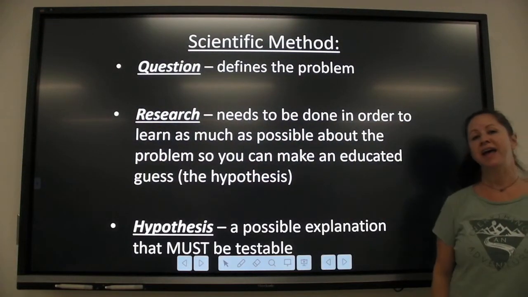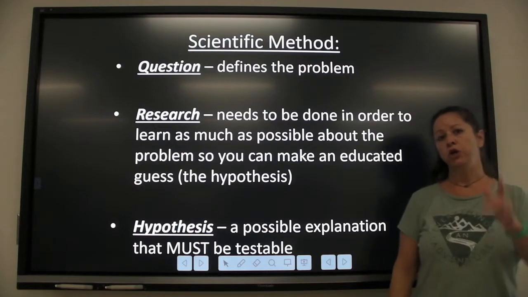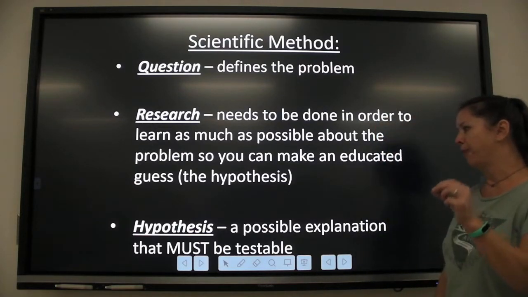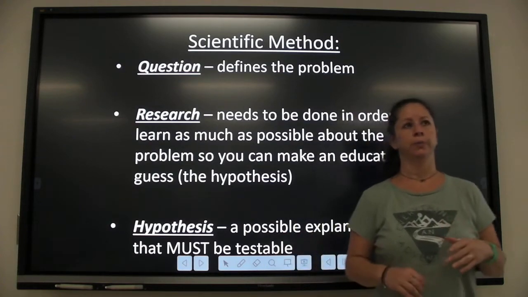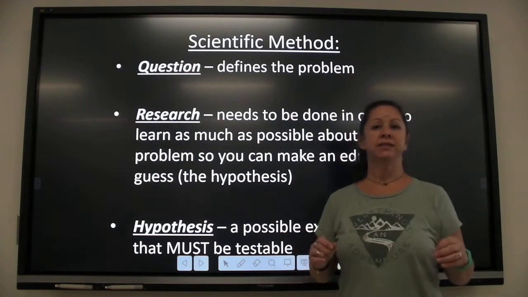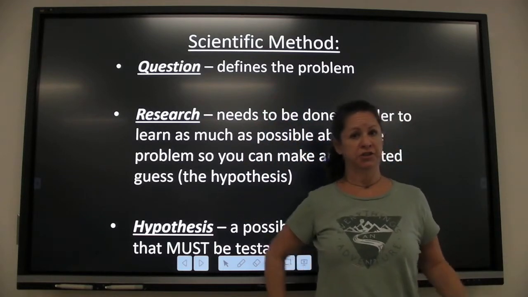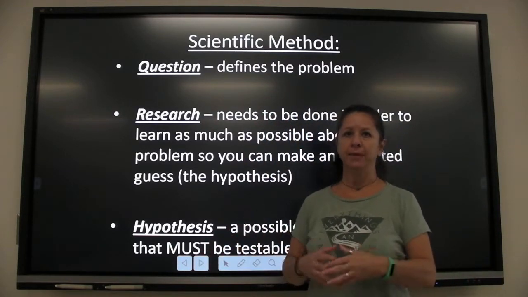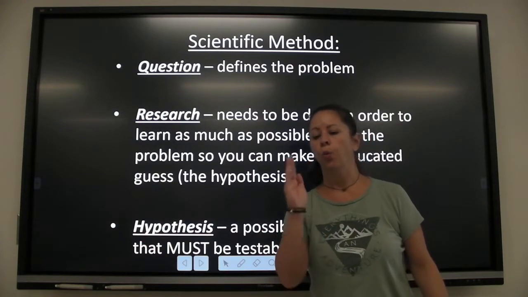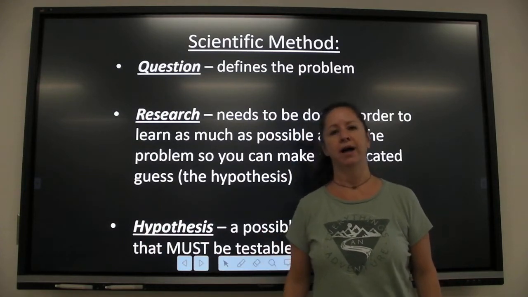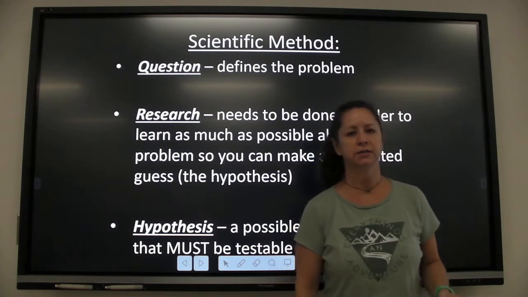Next, you create that hypothesis. A hypothesis is a possible explanation that must be testable. Basically, the hypothesis is an answer to the question. Okay? How can I make better grades in science? If I study 1 hour every night, I will make better grades.